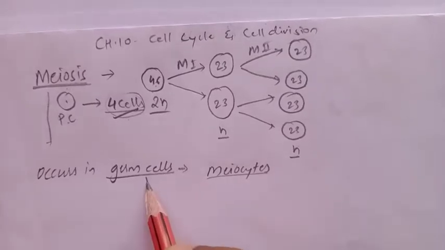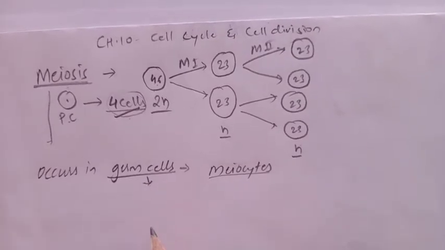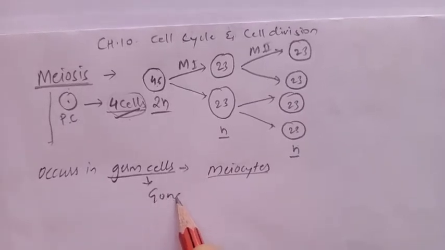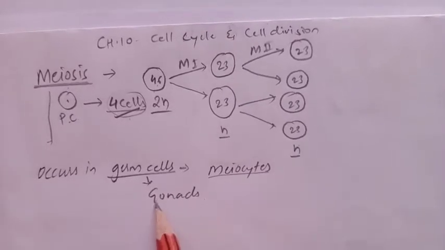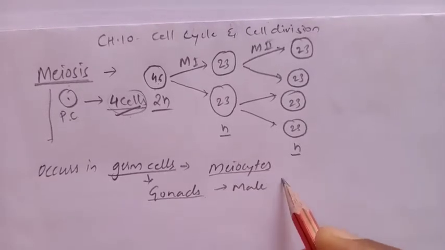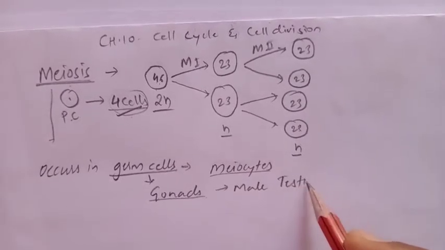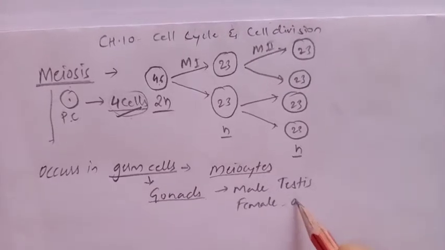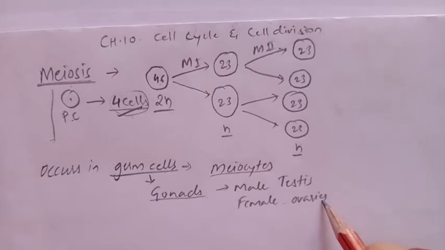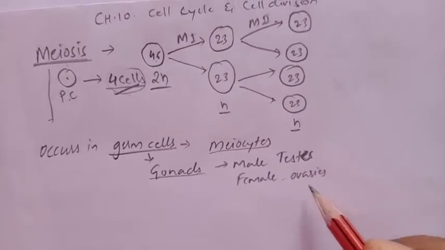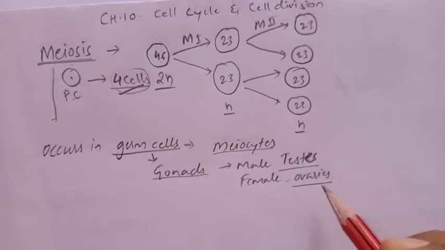These germ cells, or germinal epithelium, are present in the gonads. Gonads are the testis in the case of male, a pair of testis, and the ovaries in the case of female.